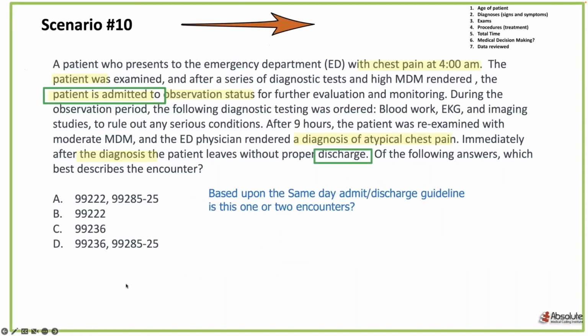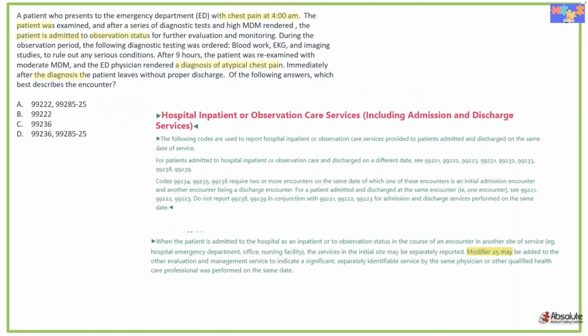I apologize. So my keywords: patient spent 9 hours, patient was admitted to observation, a diagnosis of atypical chest pain, and then they left. So I have to go to the guidelines. A lot of you were saying, hey, can't you code that ED visit? Well, let's look at the guidelines.